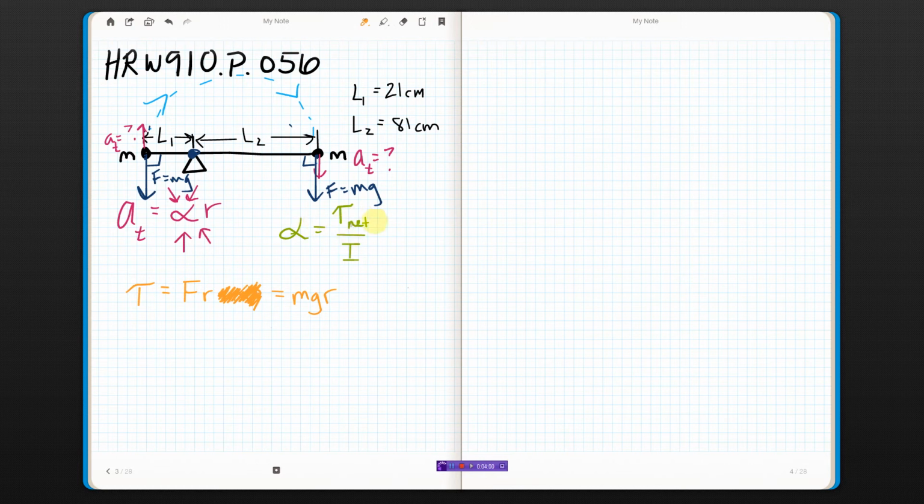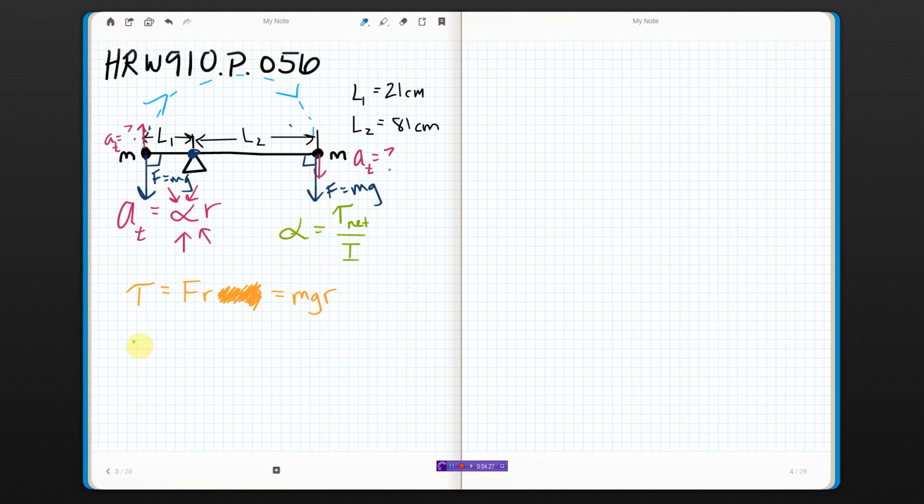Remember, the direction of torque is positive in the counterclockwise direction, so anything with torque pointing this way will be positive, that would be this one. And anything in the clockwise direction is negative torque, that would be this one.